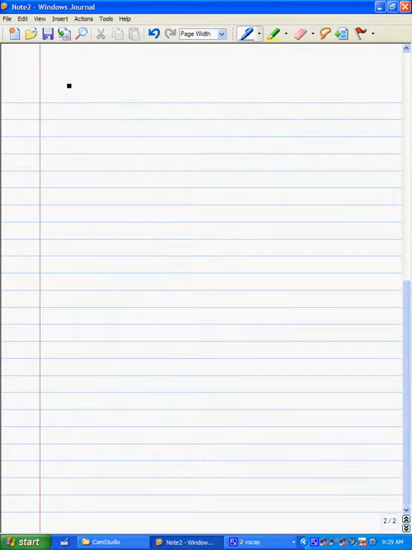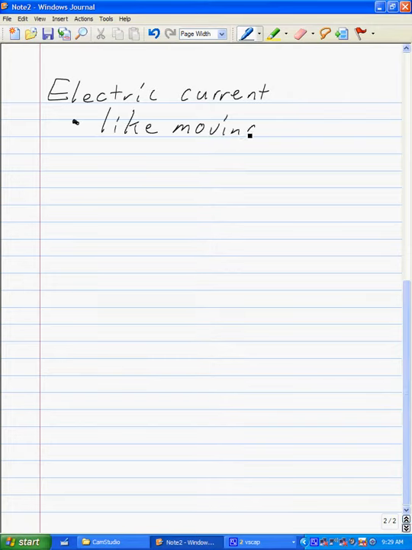So let's talk a little bit more about electric current. A lot of times we use what's called an analogy, and we talk about how much it's like moving water. When water in a river or water in a pipe moves, it has current. So it's the same basic idea behind it.